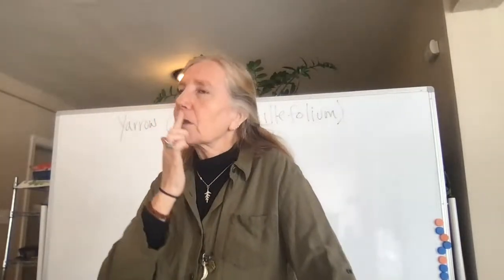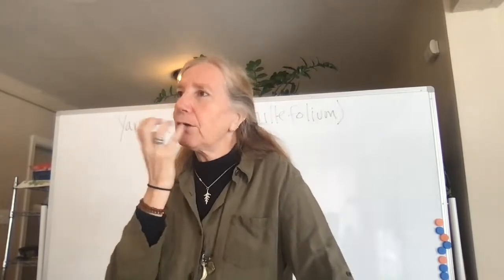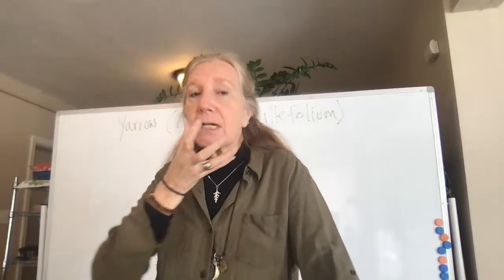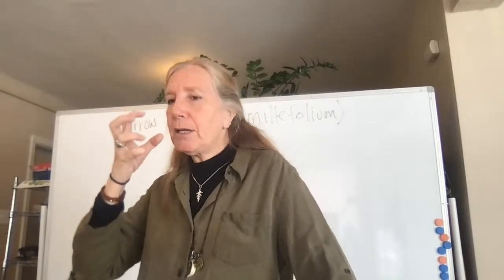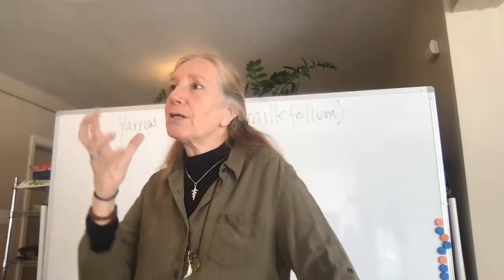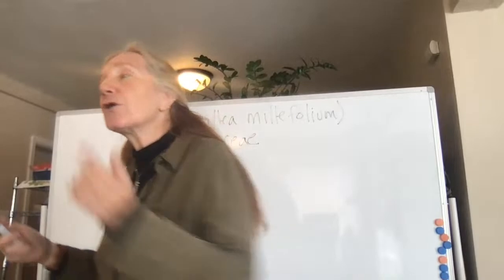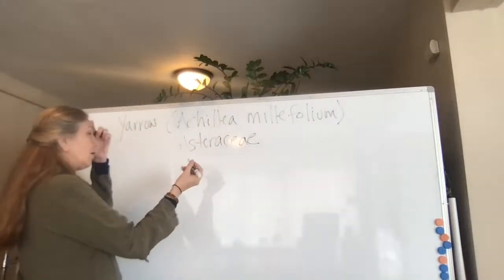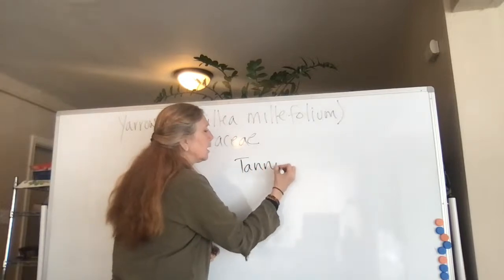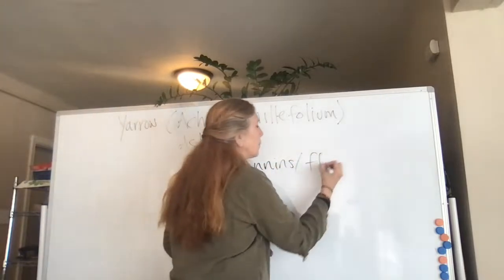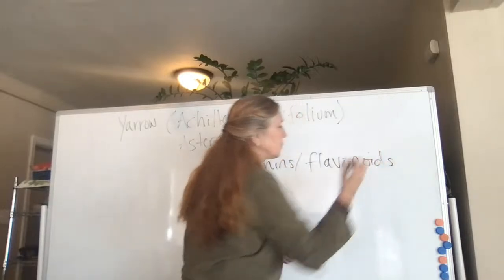You can also start to feel a little bit of dryness, some tightening in the oral tissue, right? Because a lot of the chemistry of yarrow is the chemistry of the flavonoids, the tannins, things that astringe and tighten and firm tissues. So we can feel that in our mouth, the presence of tannins and other flavonoid chemistry.